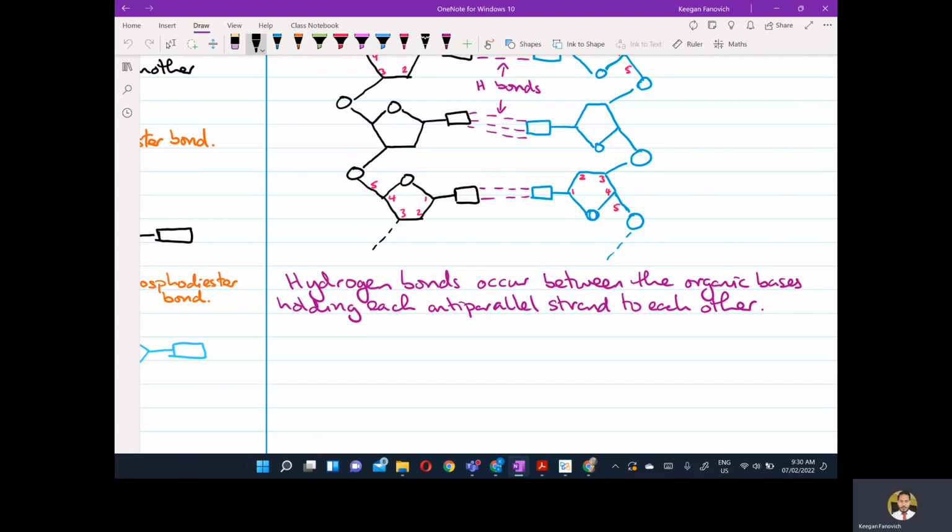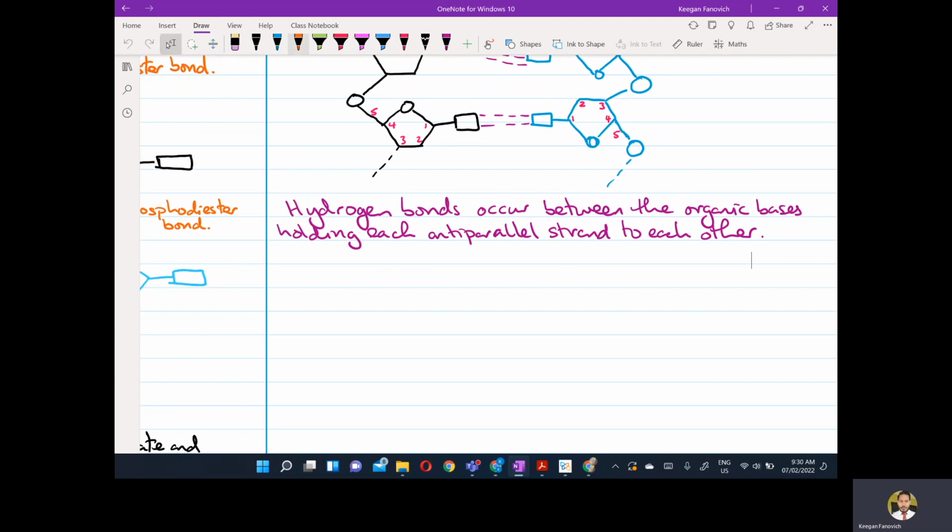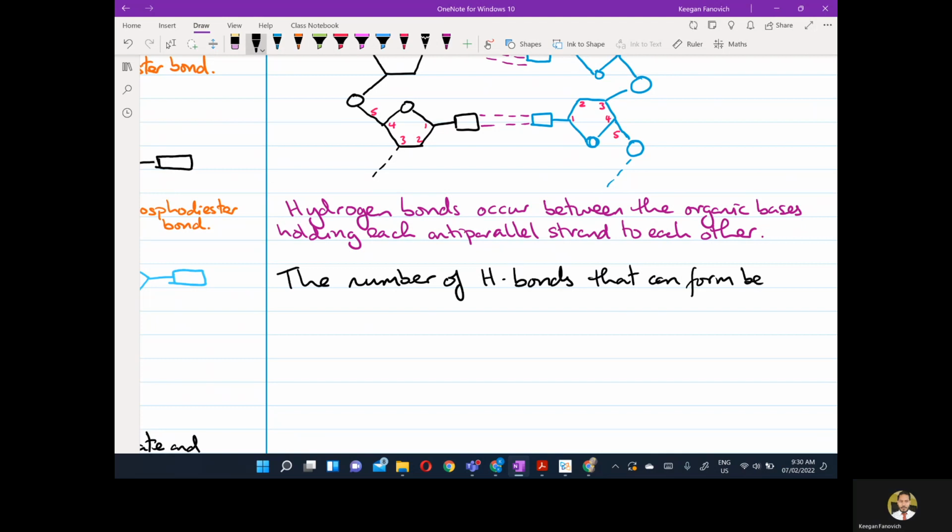The complementary base pairing. Now, I think I used orange at the beginning. The number of hydrogen bonds that can form between the base pairs is specific.